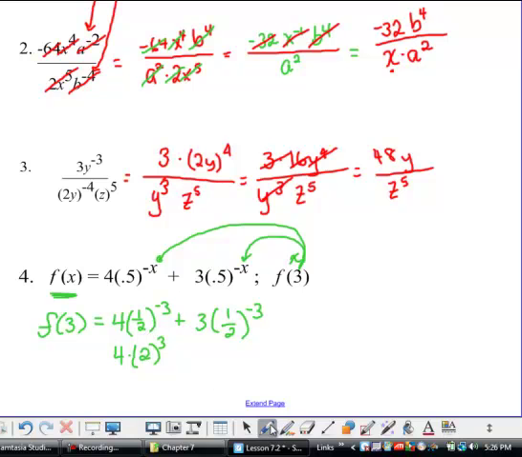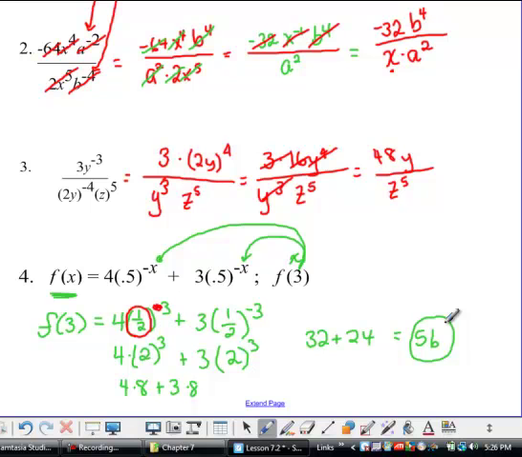Get it? I flipped this. That's what takes care of the negative. And then I still have it raised to the third power. Flip this and I get 2, and I still have it raised to the third power, so this is kind of easy. This is 4 times 8 plus 3 times 8, which is 32 plus 24, which is 56.